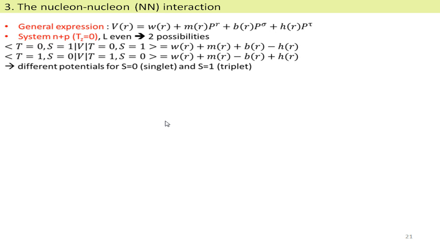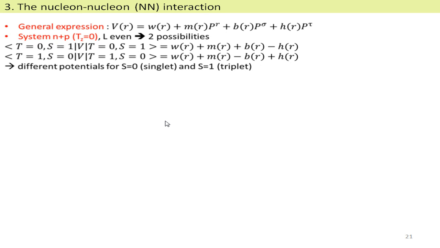So if you consider the system, for example, neutron plus proton, so T equal Tz equal 0, you have two possibilities, one for the singlet state and one for the triplet state. And if you apply this exchange operator to this state, then you find different signs here.